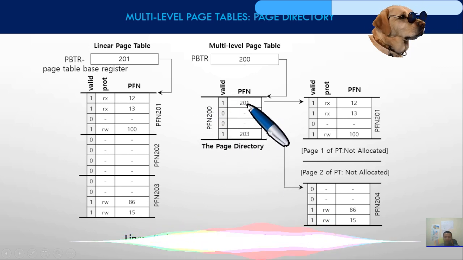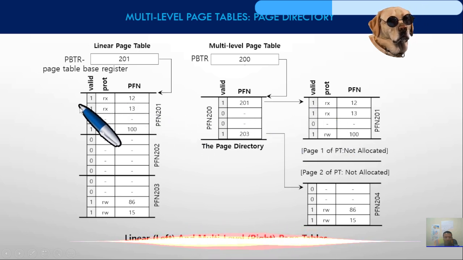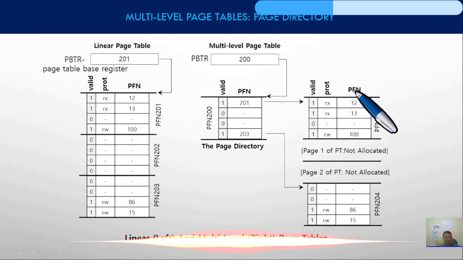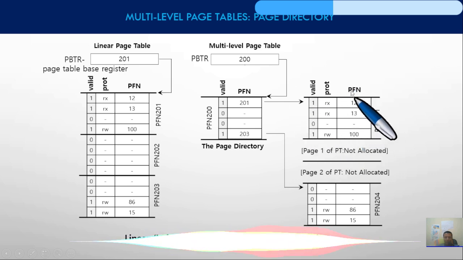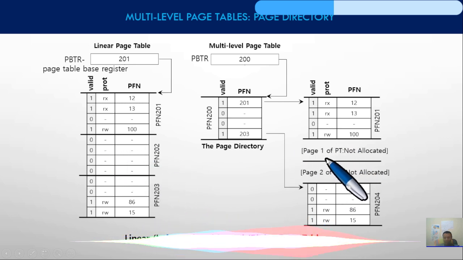Then it will show you the page table, like the linear page table, like this: the valid bit, the protection bit, and the page frame number shown like this. The invalid ones will be rejected, so the page of the page table is not allocated, and page 2 of the page table is not allocated.